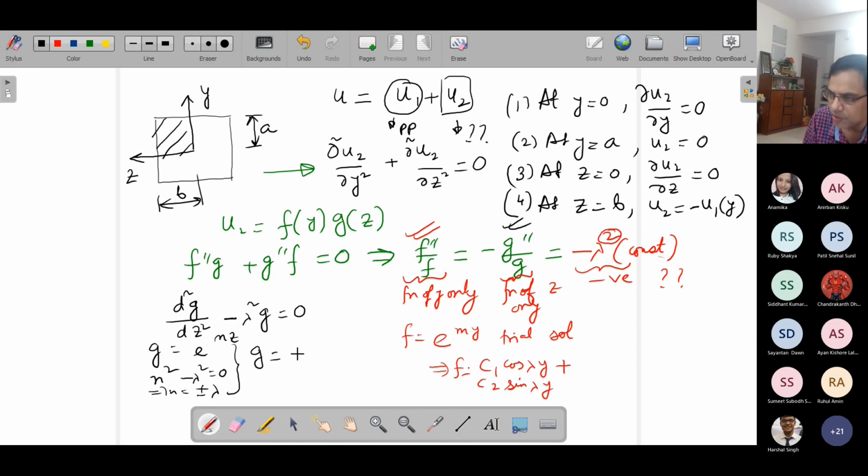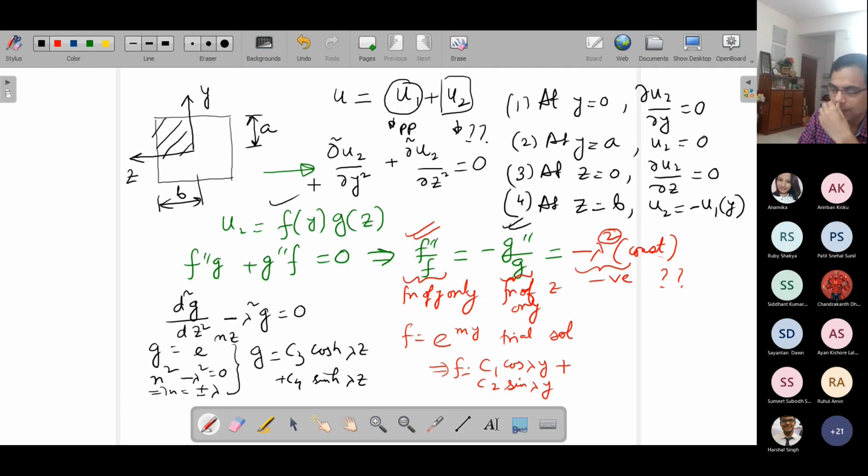Otherwise, e to the power and hyperbolic function you can write in terms of either of these two. So G will be C3 cos h lambda z plus C4 sin h lambda z. And our solution will be a product of F and G.